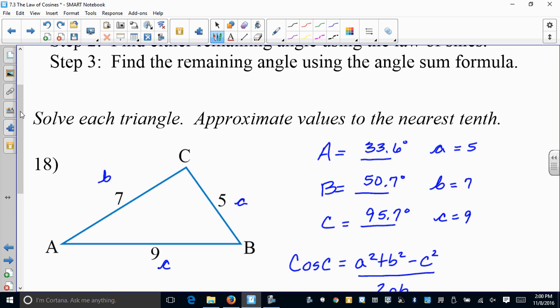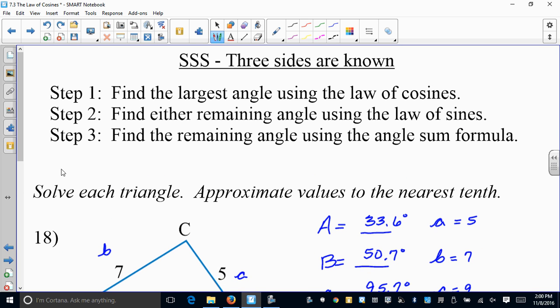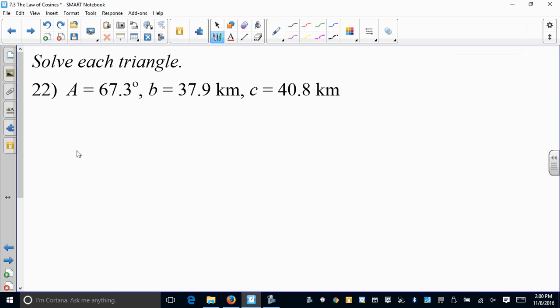And you're all good. Okay, so this video, I believe, is 14 minutes. Let's do one additional example, and then the second video we'll do more examples. So on this one here, A equals 67.3 degrees, and little a we don't know.